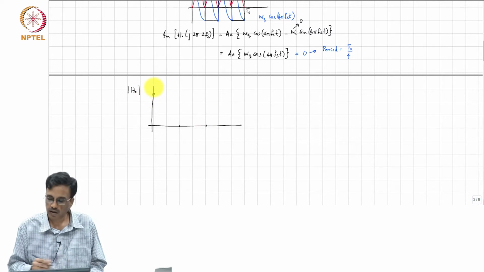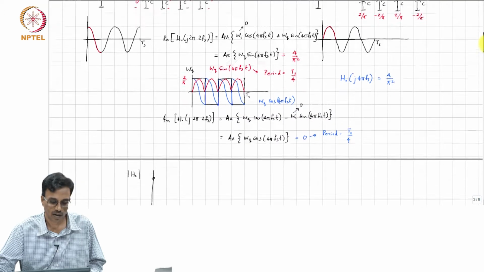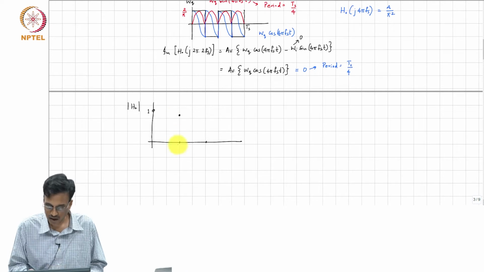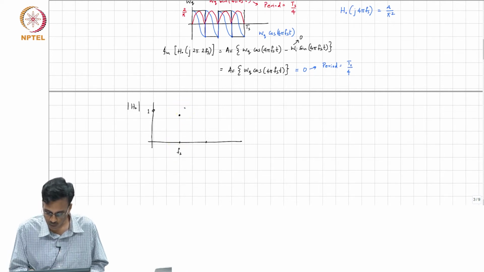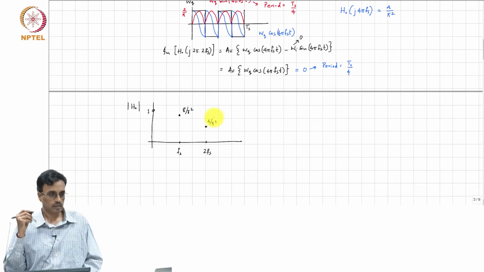So, at DC clearly it is 1, right. At Fs it is 8 by pi square, at 2 Fs it is 4 by pi square and so on.